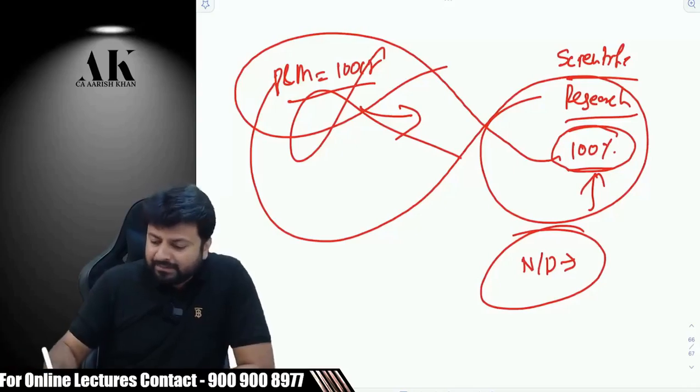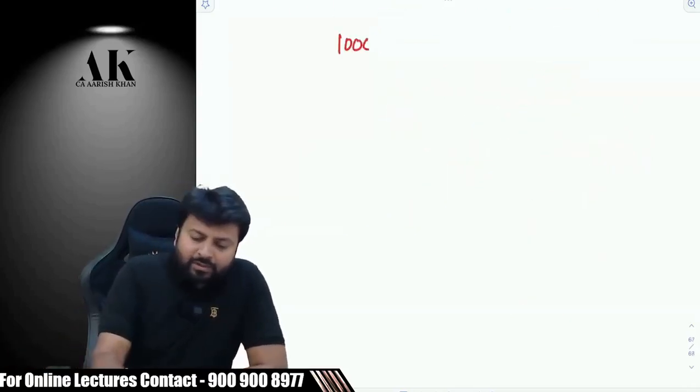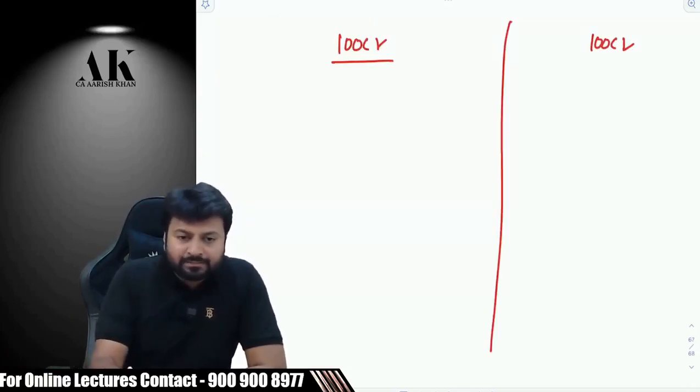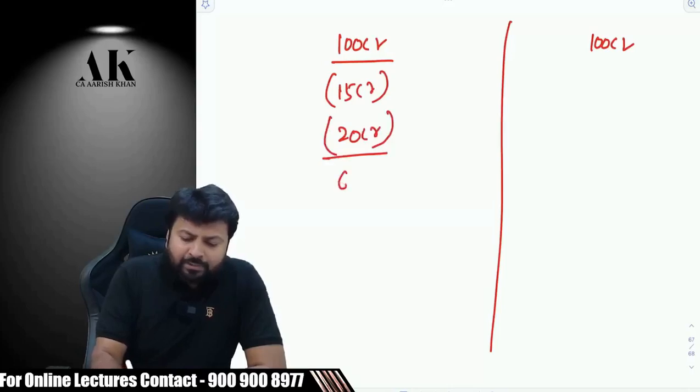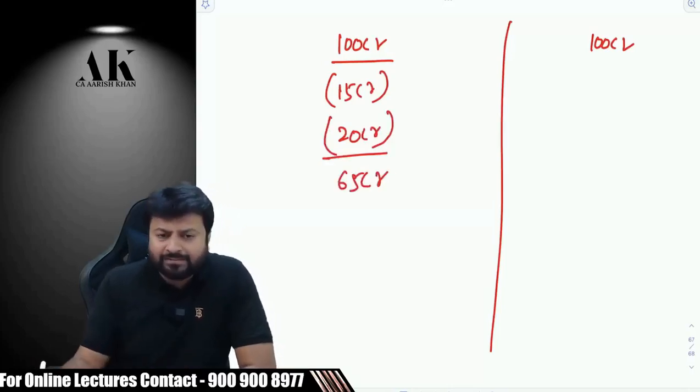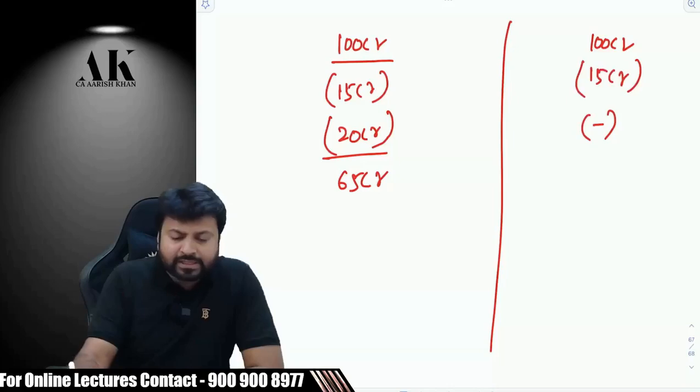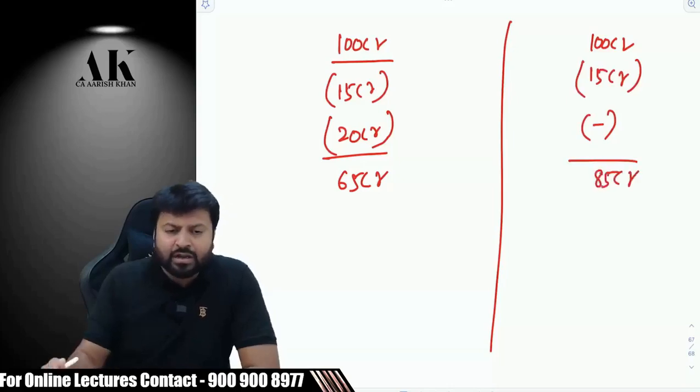For example, I'm putting the numbers on the board, which will clarify things in a simplified manner. Buying a 100 crore asset, 15 crore normal depreciation, 20 crore additional depreciation. The WDV for next year is 65 crore. If additional depreciation had not been there, with 15 crore normal depreciation only, 85 crore would have been the WDV of the next year.